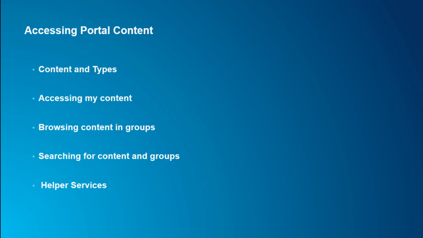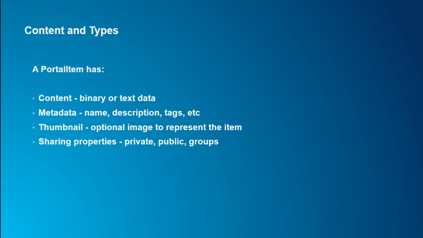So because we're short on time, I will move quickly on to content and types. Content in portal and items is slightly different to maybe something that you've used previously like ArcGIS Server, where there is the service data.